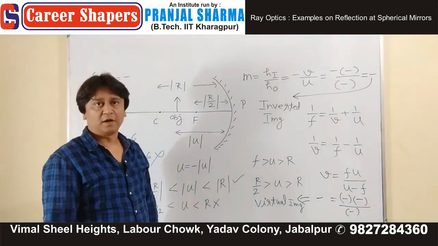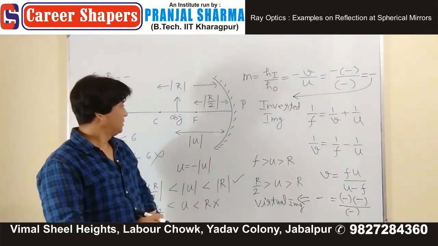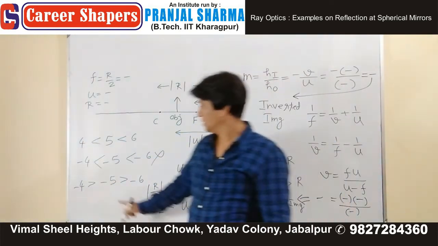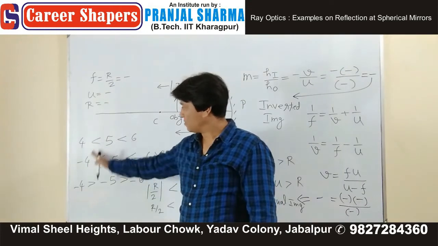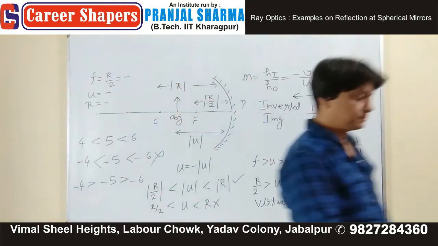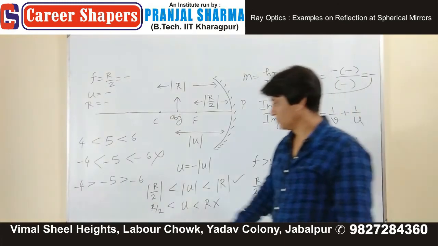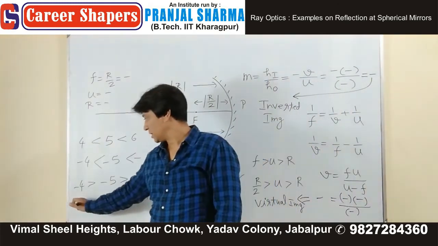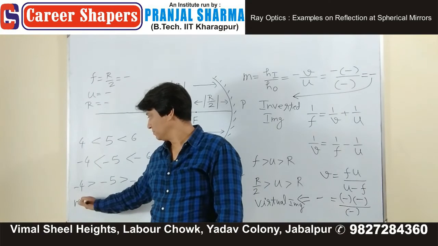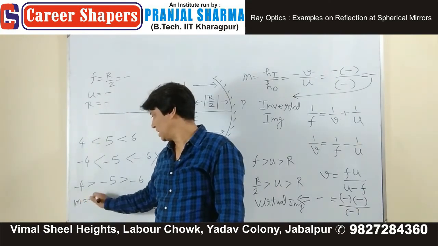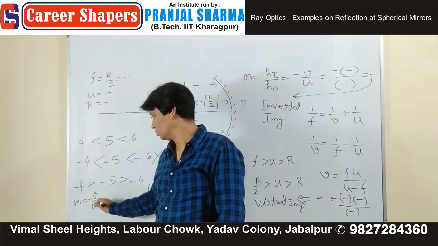The last thing is about the size part. I'm removing this information. If you have noted that, look here. Magnification m is minus of v upon u.